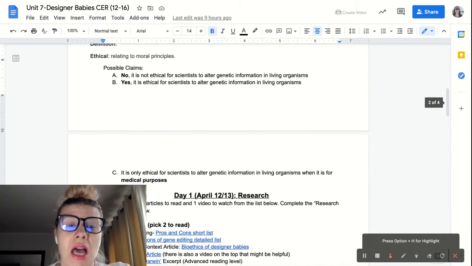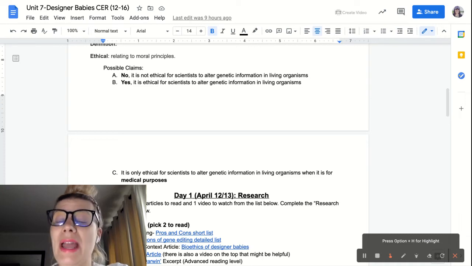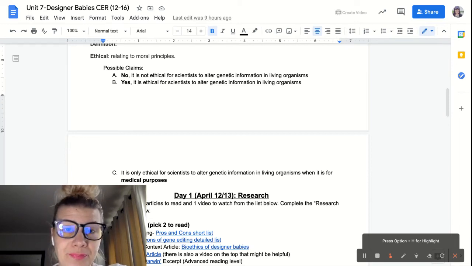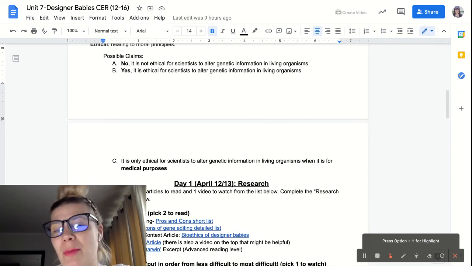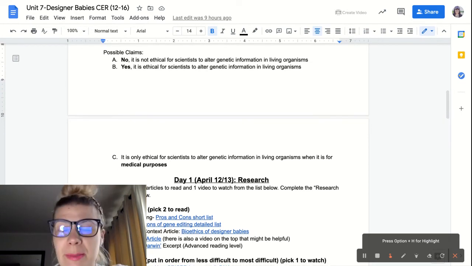A third one could be, it is only ethical for scientists to alter genetic information in living organisms when it is for medical purposes. So the third one is basically saying it's ethical only when we're using it for medical purposes. You can message me on the side if you have questions about that, but I think those are probably the three strongest ones. Again, if you have a different one, just let me know.